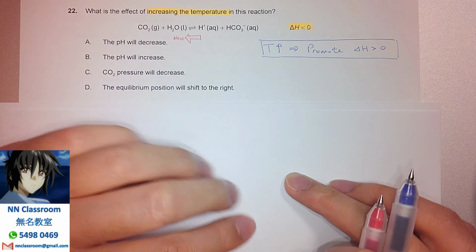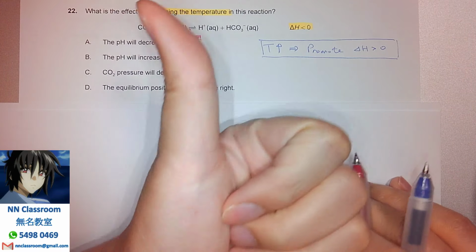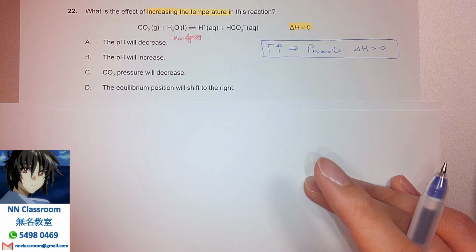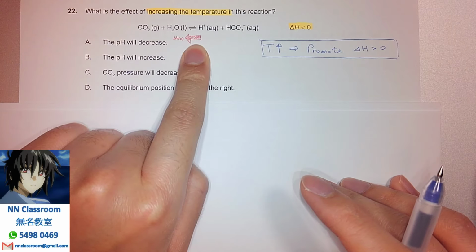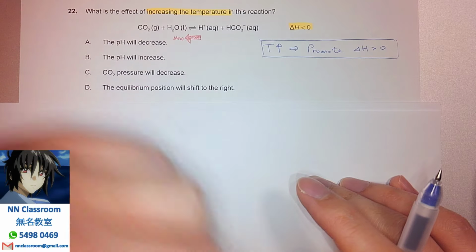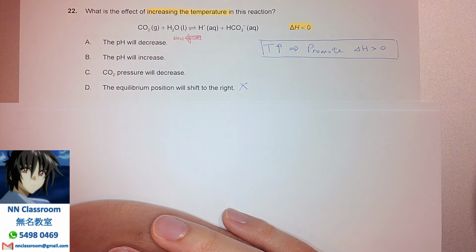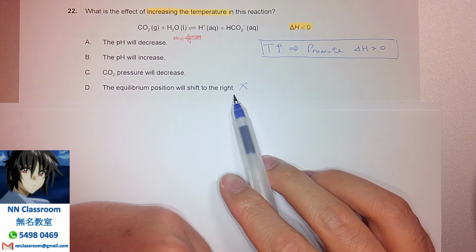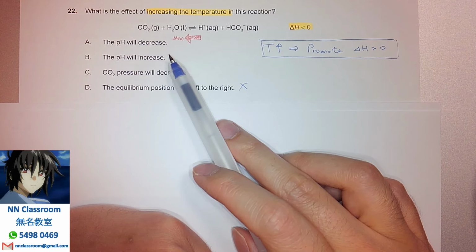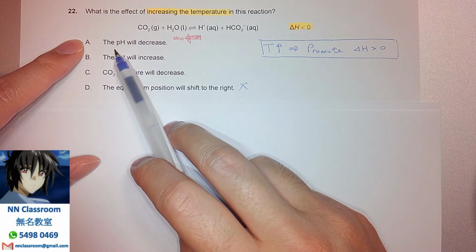So in this particular case, the backward reaction is promoted, or simply, the equilibrium position will shift to the left-hand side. From this perspective, first of all, you can already delete choice D: not to the right, but shifting to the left to reduce the temperature. Let's see the remaining.